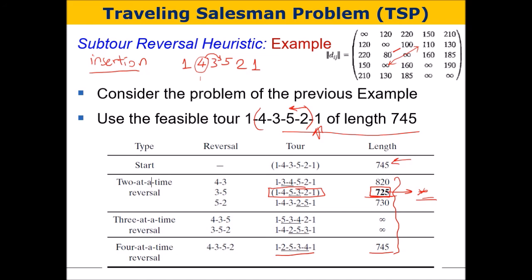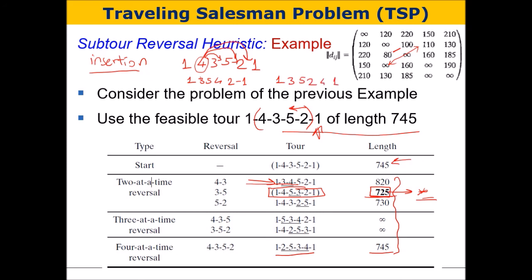Basically, when you place it here, it is the same solution that you obtain here. But also you can take it from here and place it here, so you obtain 1, 3, 5, 4, 2, and 1. And then you can take it from here and insert it to here, and you obtain this solution 1, 3, 5, 2, 4, and 1.